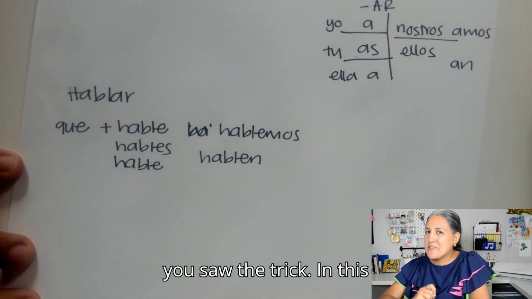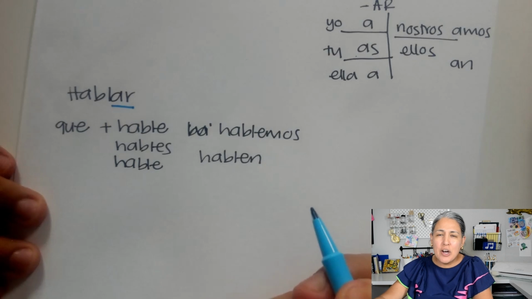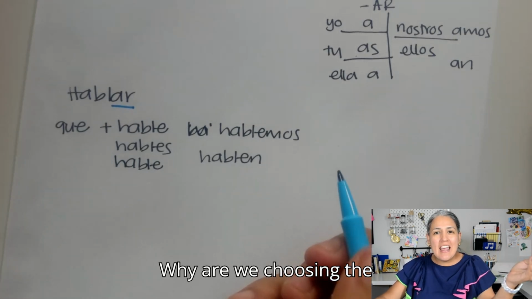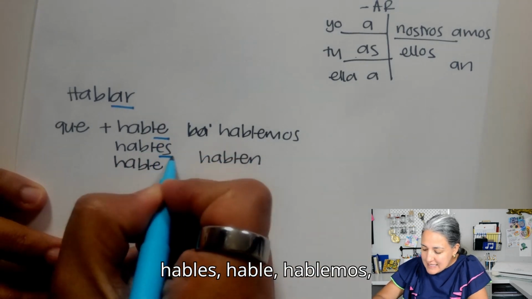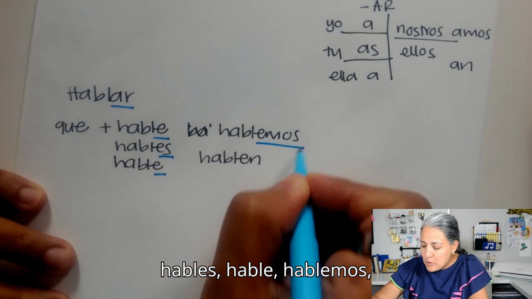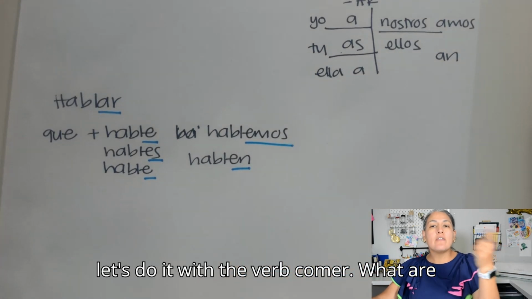Okay, you saw the trick. In this case, hablar ends with AR. Why are we choosing the opposite chart? Hable, hables, hable, hablemos, hablen. That's the subjunctive.